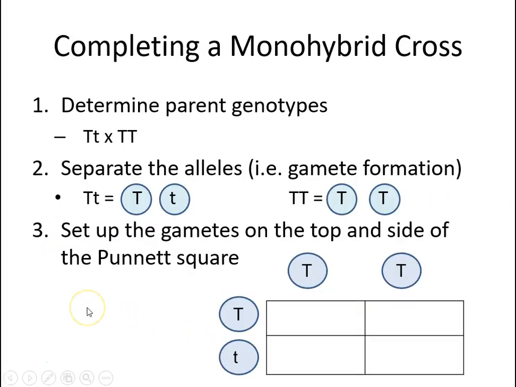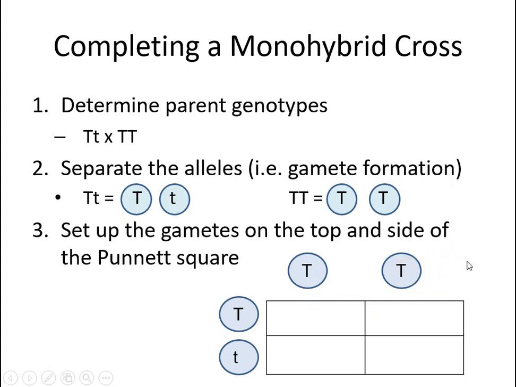When you complete a monohybrid cross, we start by determining the parent genotype, so there'll be a description in the question normally. They might say homozygous dominant, or they might just give you the genotype. We separate the alleles, which would happen during gamete formation. So you're going to split those two letters apart, and then we set them up on the top and side of the Punnett square. So one parent will go on the left side, and one parent will go on the top.